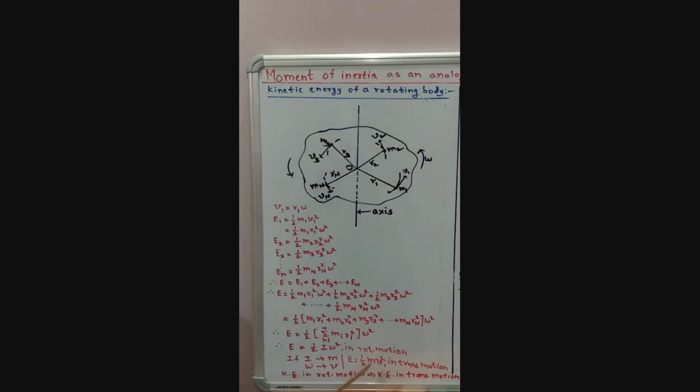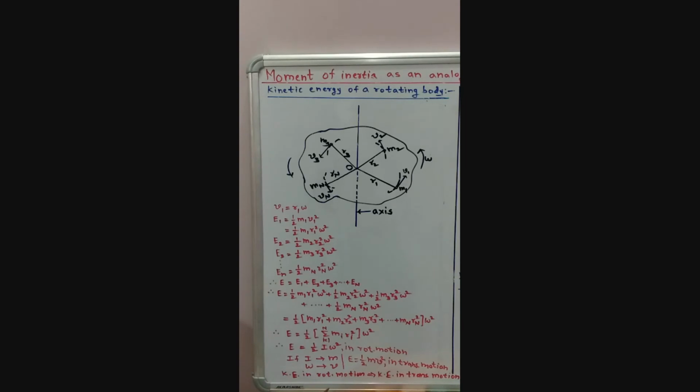From these two expressions of kinetic energies, it is clear that quantity capital I in rotational motion is analogous to mass small m in translational motion.